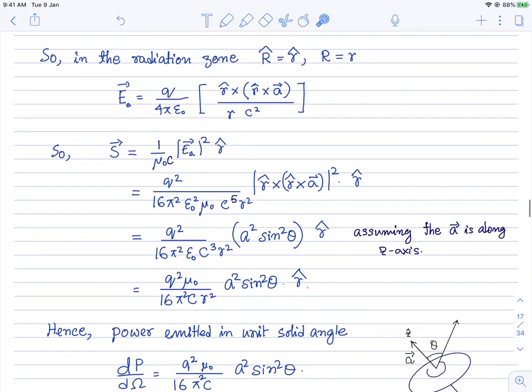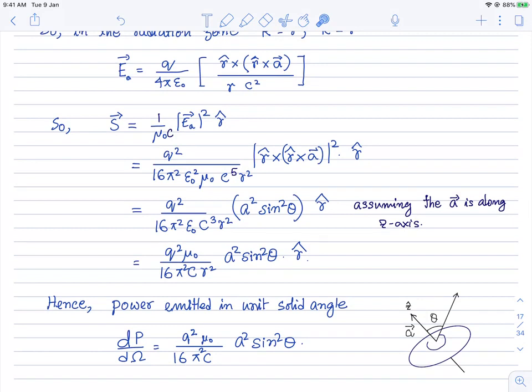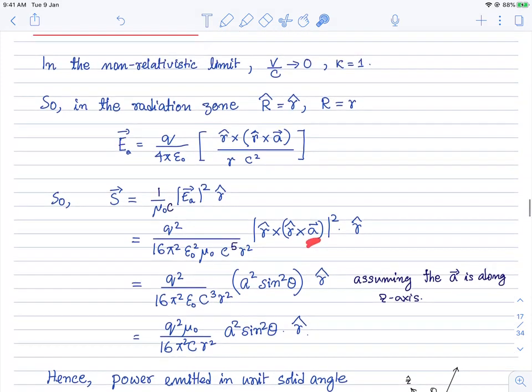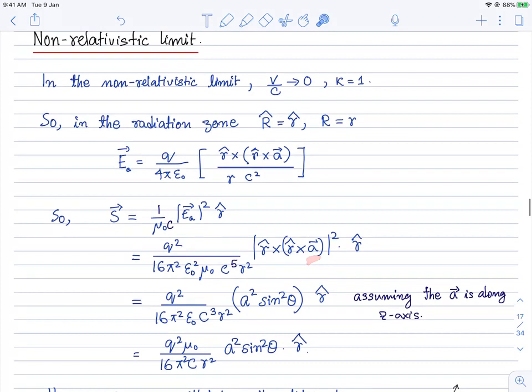Now this is the expression for the Poynting vector, and this a squared sine squared theta comes from the fact that if we take the acceleration as pointing along the z-axis, then this term is going to give you a sine squared theta.